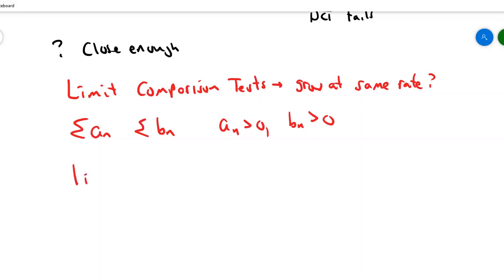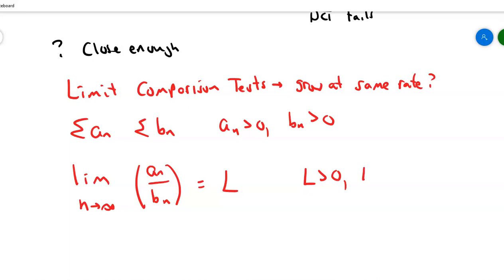And we're going to look at the limit as n approaches infinity of a sub n over b sub n. And we're going to look to see if that is some value that is positive and finite. What I don't want is infinity or 0.